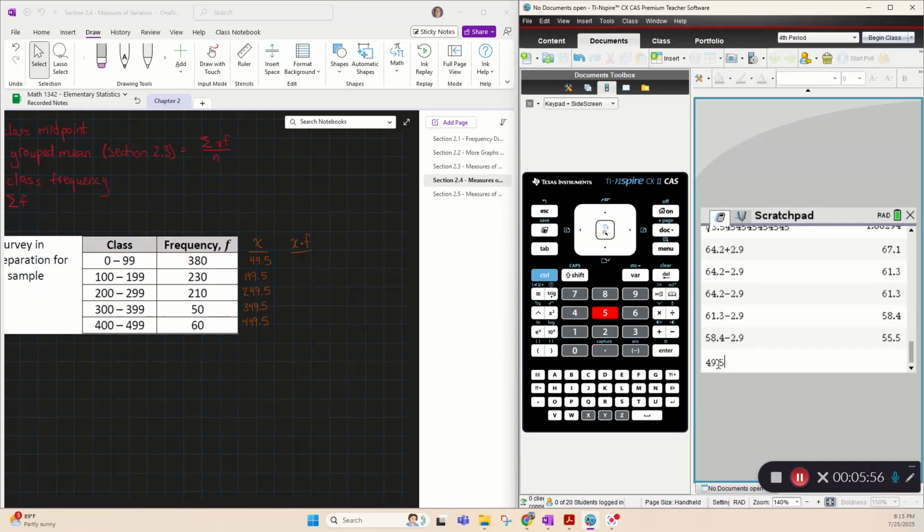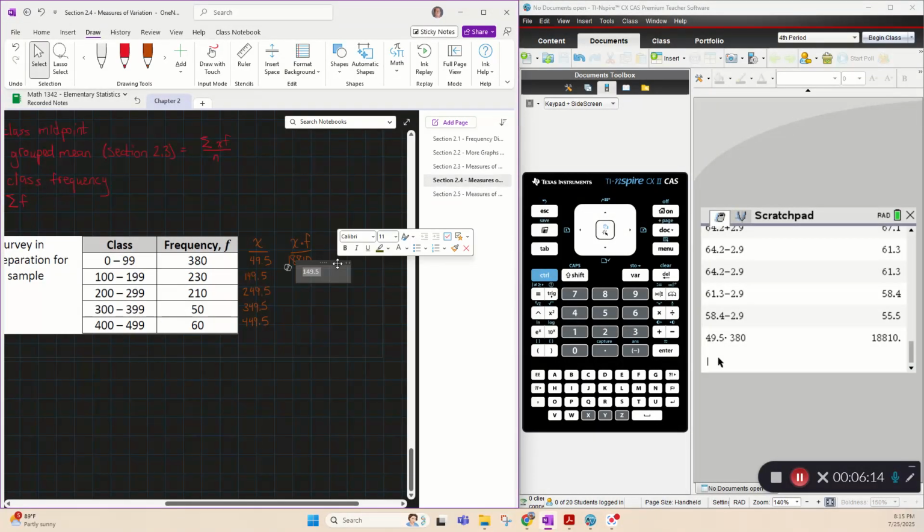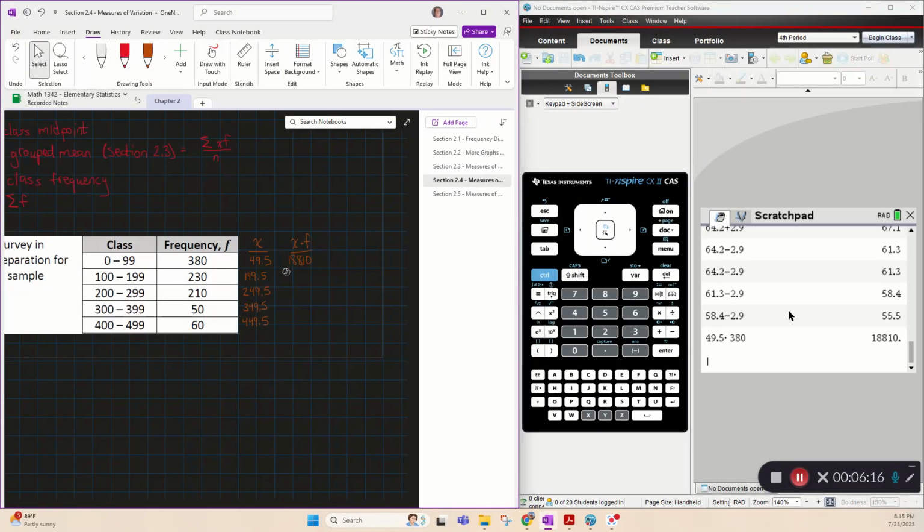So 49.5 times 380 is 18,810. Then 149.5 times 230.